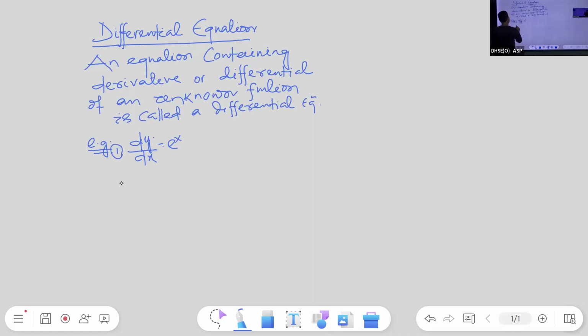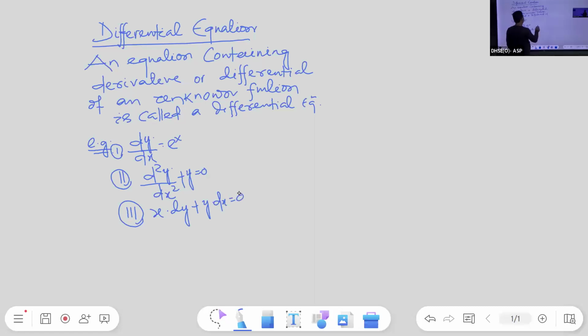It is a differential equation. d square y upon dx square plus y is equal to 0 is a differential equation. x dy plus y dx is equal to 0 is a differential equation. d square y upon dx square plus 2x upon 1 plus x square into y is equal to x cube. So these are all examples of a differential equation.